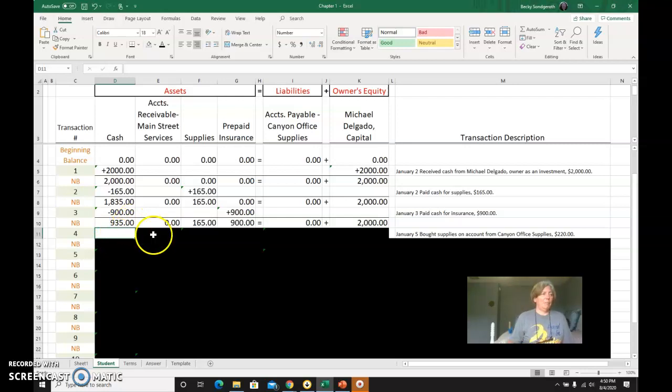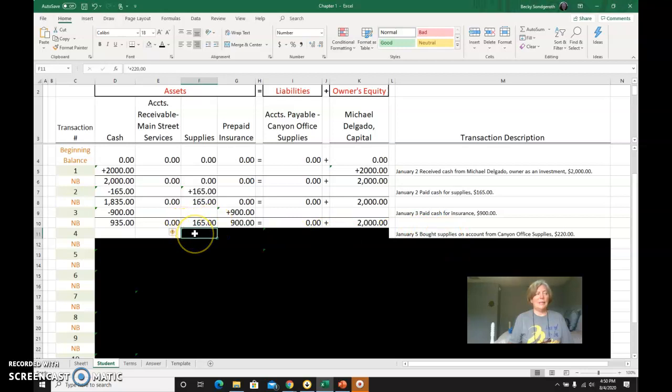Did anything happen to accounts receivable? Well, I see the words on account, so I think it's either accounts receivable or accounts payable. But since I bought, I have to pay, so it's not accounts receivable. So nothing happened to accounts receivable. Did anything happen to supplies? Well, yeah, I bought some supplies.